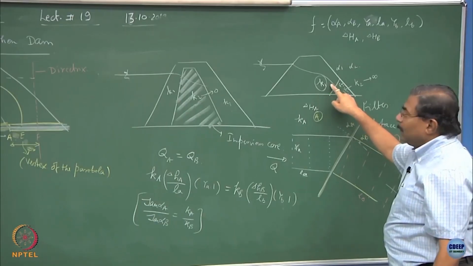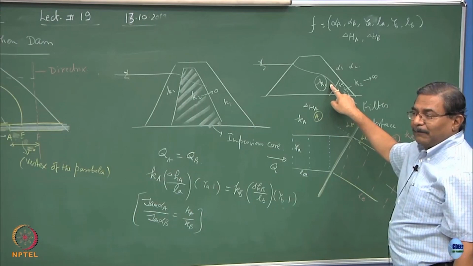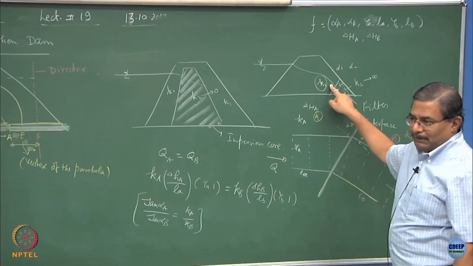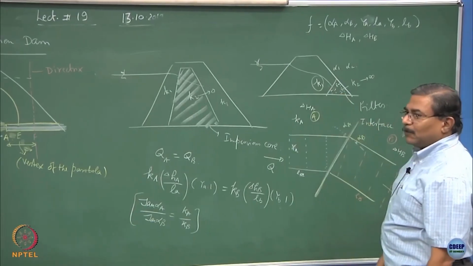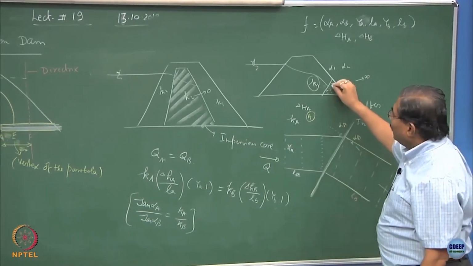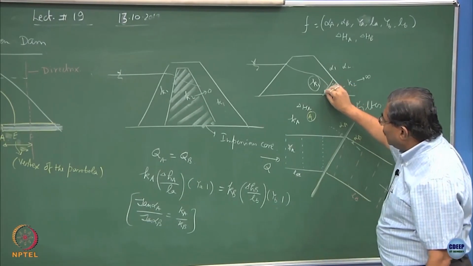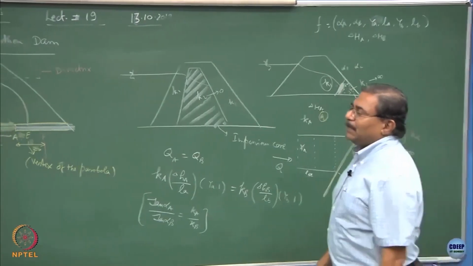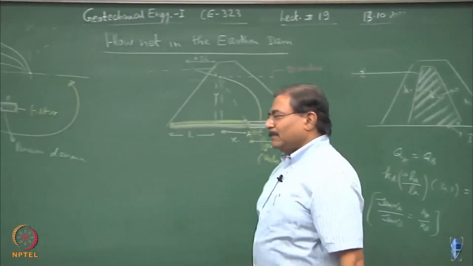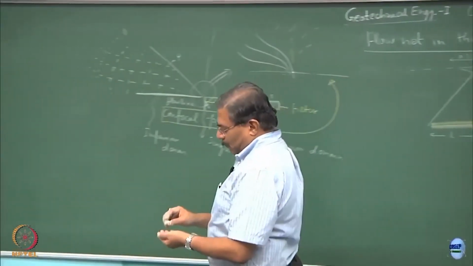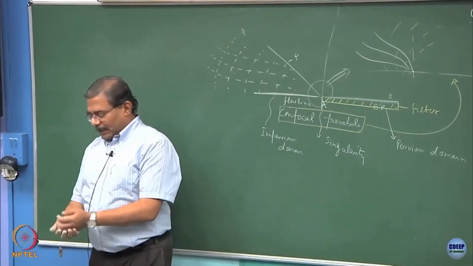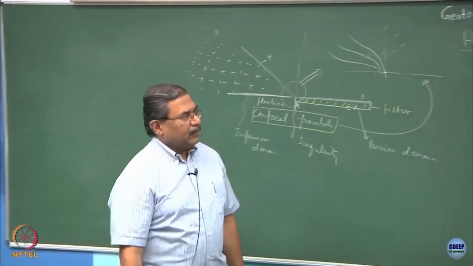The seepage line will never enter a media which is highly permeable and hence what is going to happen? The flow is going to take place parallel to the plane of the filter. It bypasses the media. Now, this concept is used for designing most of the filters in industry as well as in various civil engineering projects.